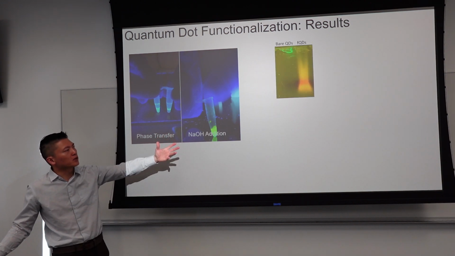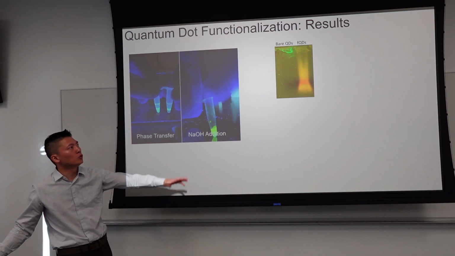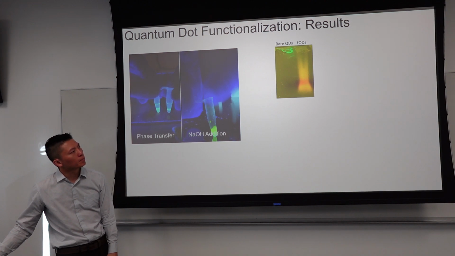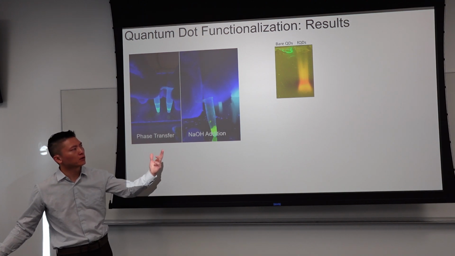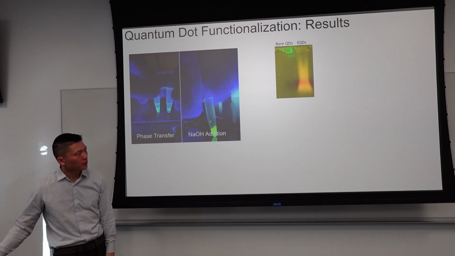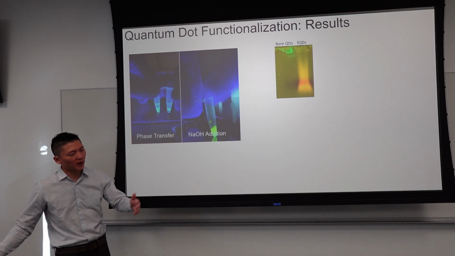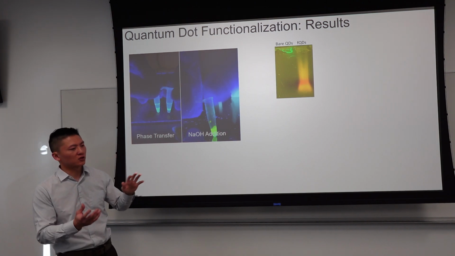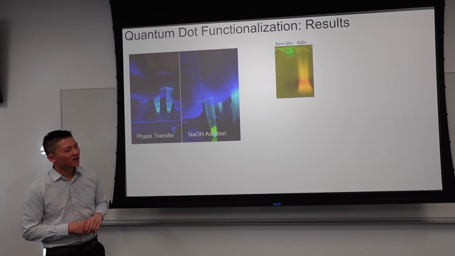Finally, we put this in a gel. The bare quantum dots don't move, and the functionalized quantum dots do move. However, there's a huge smear, so that's not a good sign. Smearing indicates that you may have many differently functionalized nanoparticles.